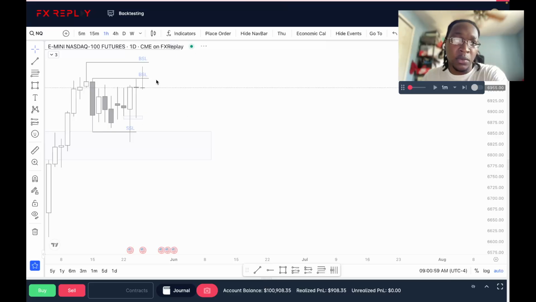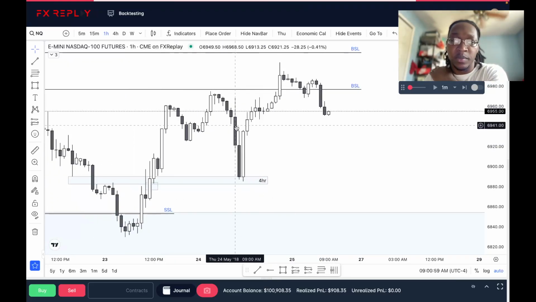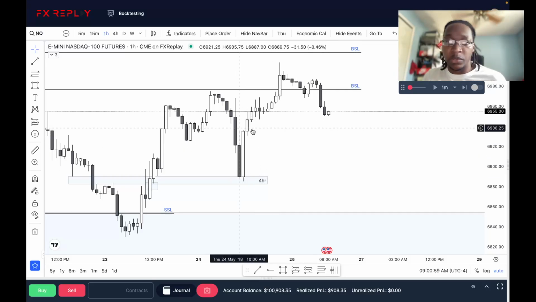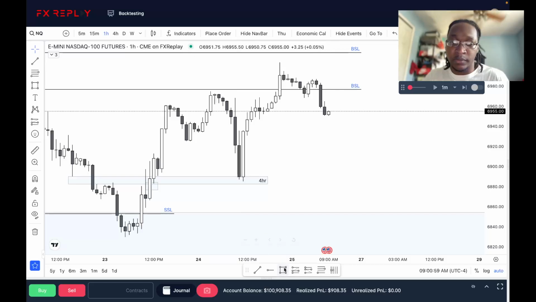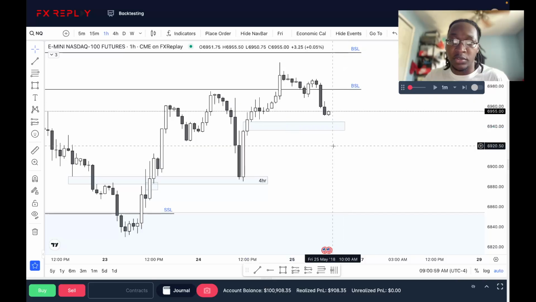So if you have the 1 hour change in state, then we could potentially look to come down into a fair value gap down here. Because we took out external range liquidity, we can come down into internal. So this here can be looked at as the draw.